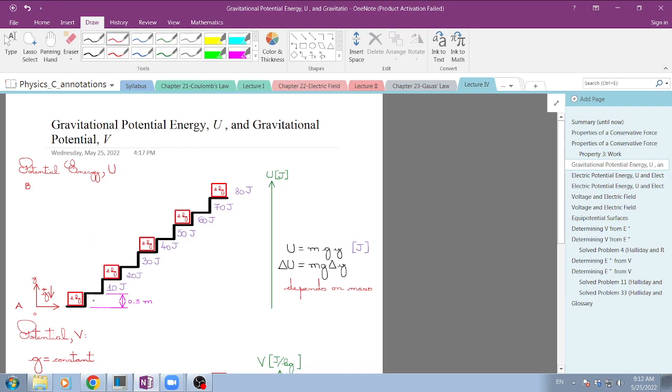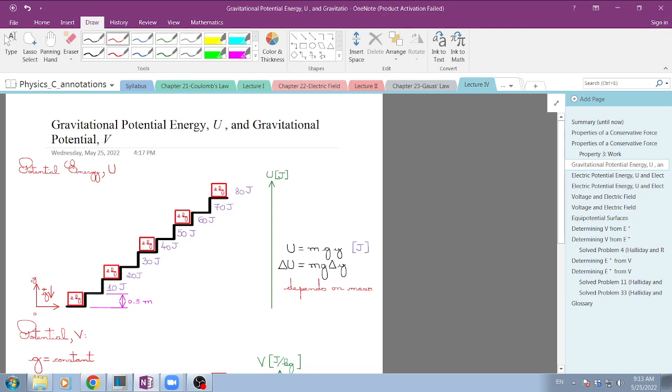We could label each one of these steps here using what you know about the potential energy. If you are considering, for example, a box of 2 kilograms, you're going to have for each step here 10 joules of energy.